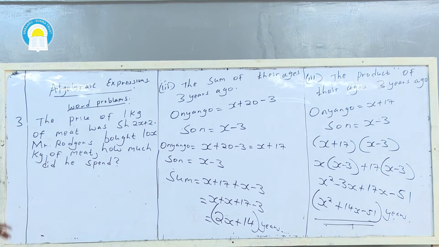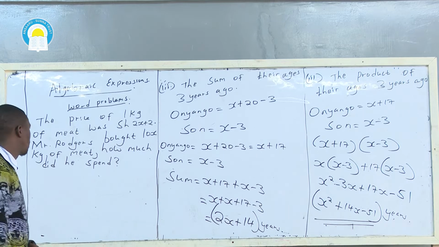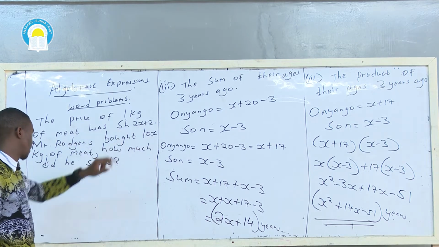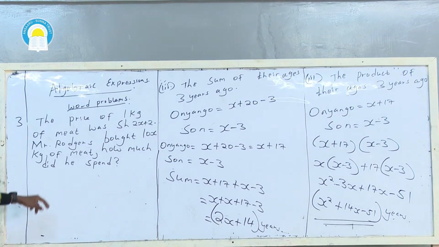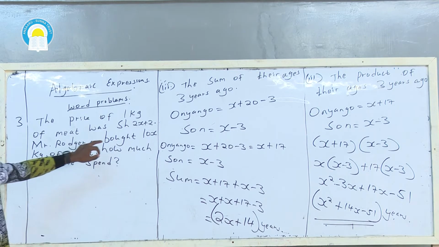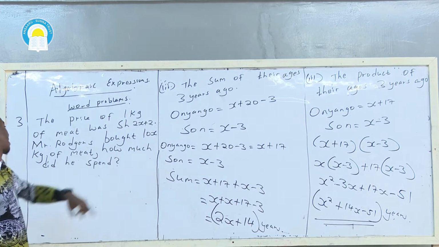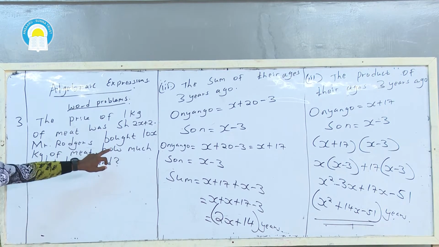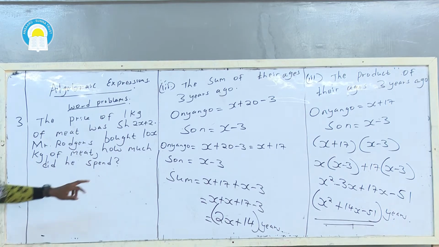So that is the question. The price of 1 kg of meat was 2x plus 2 shillings. Then there's a full stop. Mr. Rogers bought 10x kg of meat, comma, how much did he spend?